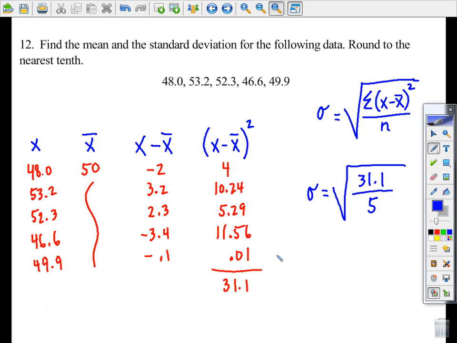Close my parentheses. And that comes out to be 2.49399278, but the directions said to round to the nearest tenth, so that would be 2.5. So there's actually two answers here. We found the mean, which is 50, and the standard deviation, approximately 2.5 after rounding.